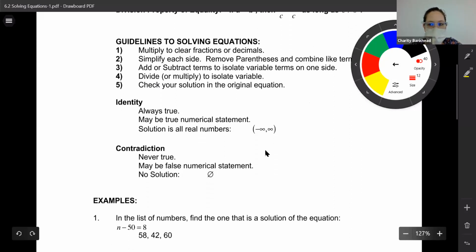An identity is an equation that's always true.